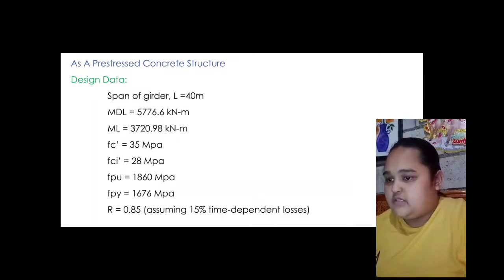FC prime is 35 megapascal. FCI prime is 28 megapascal. FPU is 1860 megapascal. FPY is 1676 megapascal. And R is 0.85, assuming 15% time-dependent losses.